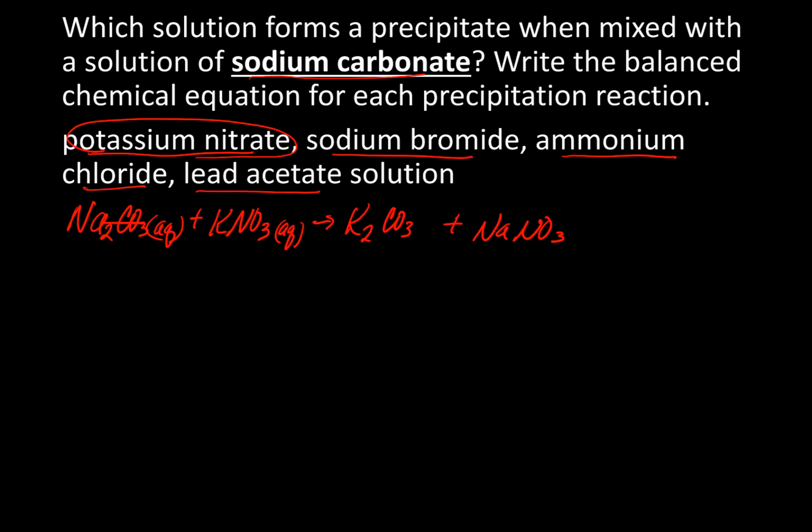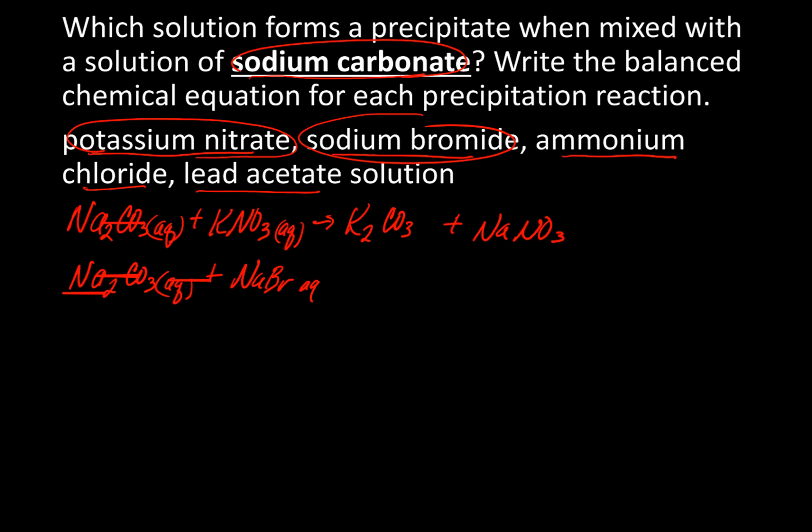The second one is where sodium carbonate mixes with sodium bromide. So for this one, the double displacement reaction is Na2CO3 plus NaBr. So they're both solutions. Solutions are being mixed together, so when solutions are mixed together, the components of the solution are dissolved in the solution, so they're always aqueous.